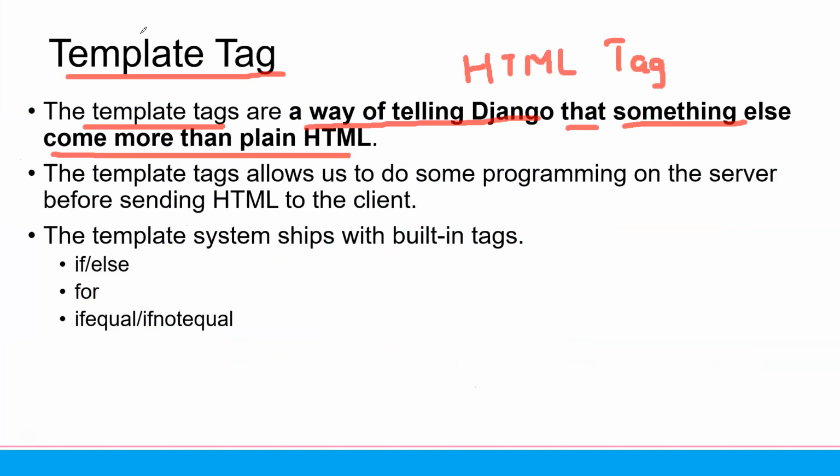So if you use another framework, for example, PHP, then they have their own language. If you use another framework like JSP, they have another language. So this template tag is available in Django. The template tags allow us to do some programming on the server before sending HTML to the client.